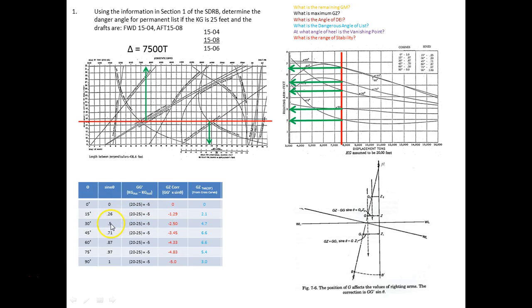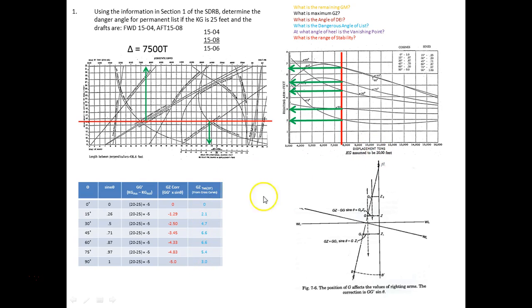So 0.5 times -5 is 2.5, and so on and so forth. Now we're ready to plot if we want. By the way, these are the actual values of GZ for, this says GZ tabular, that's really for a KG of 20 feet.